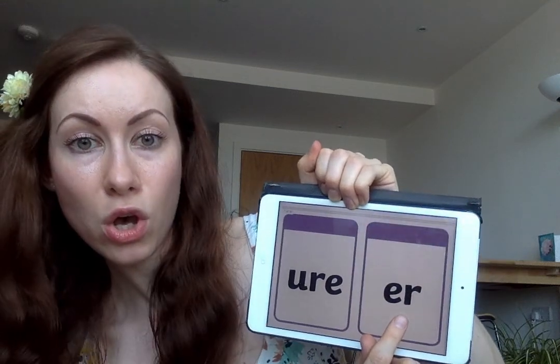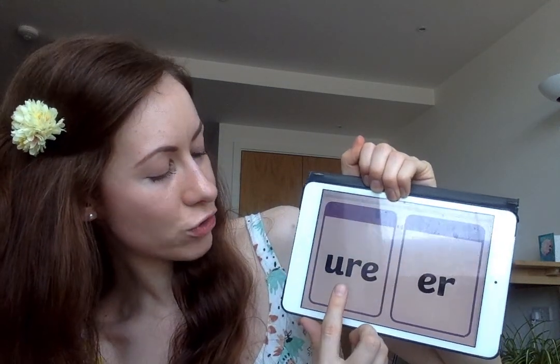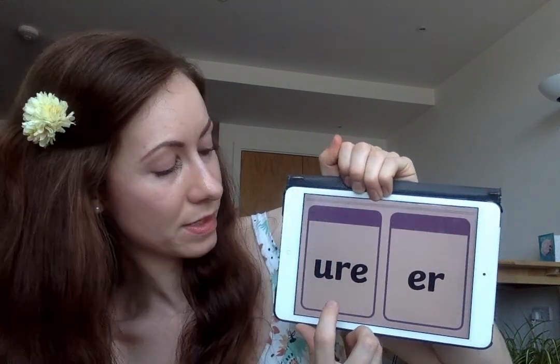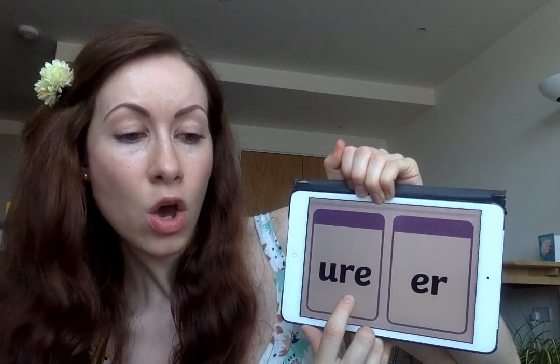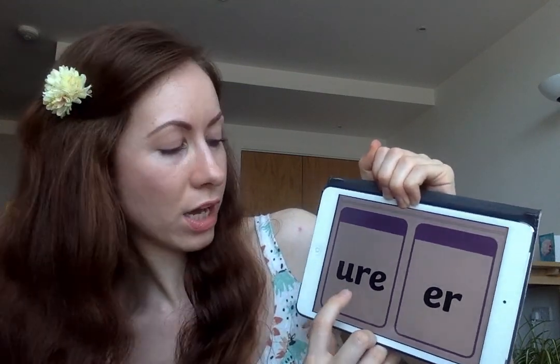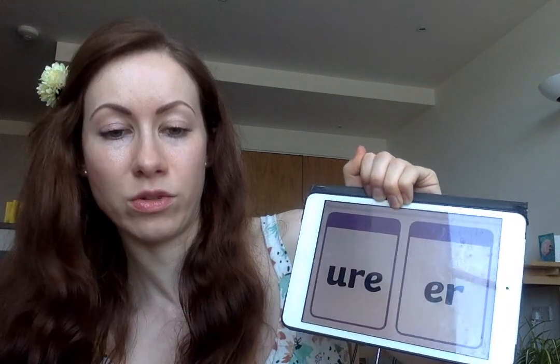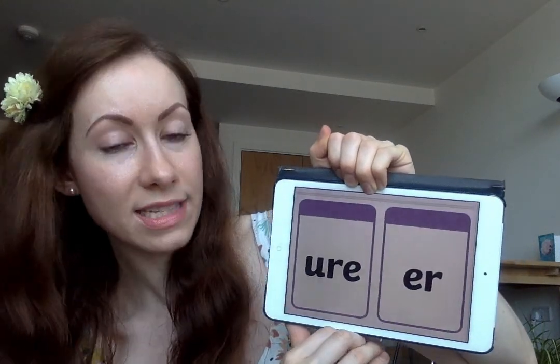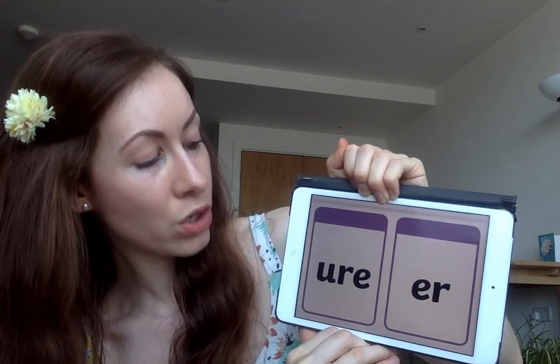Then we've got this tricky one here which causes lots of problems. Now we teach it as the yaw sound, yaw, pure, okay? But a lot of the time we end up saying it differently. Because if we think about the words it goes into, like pure, sure.